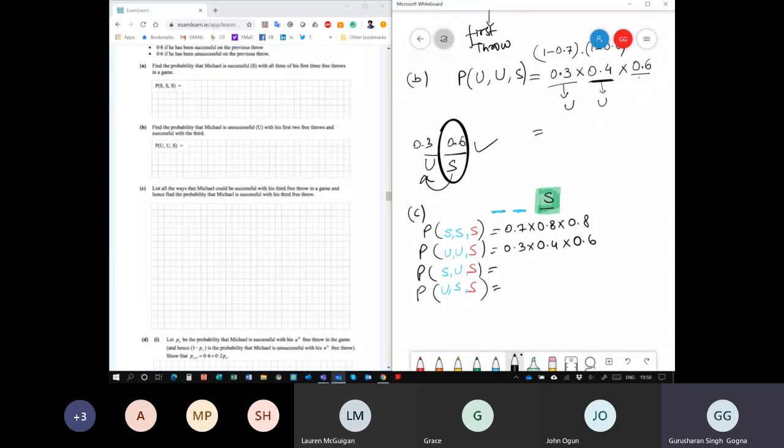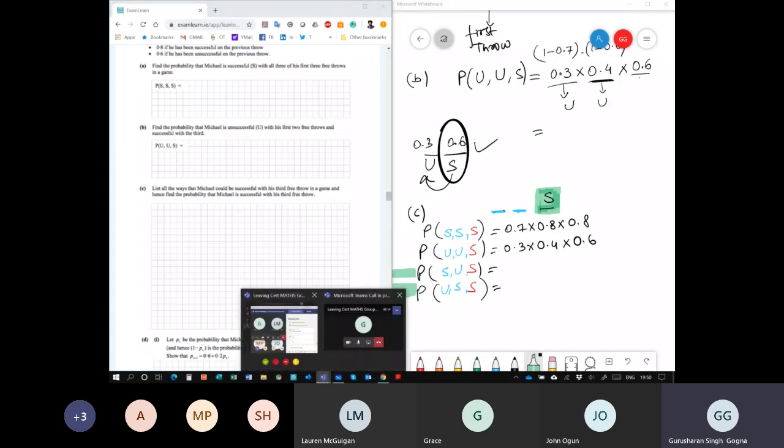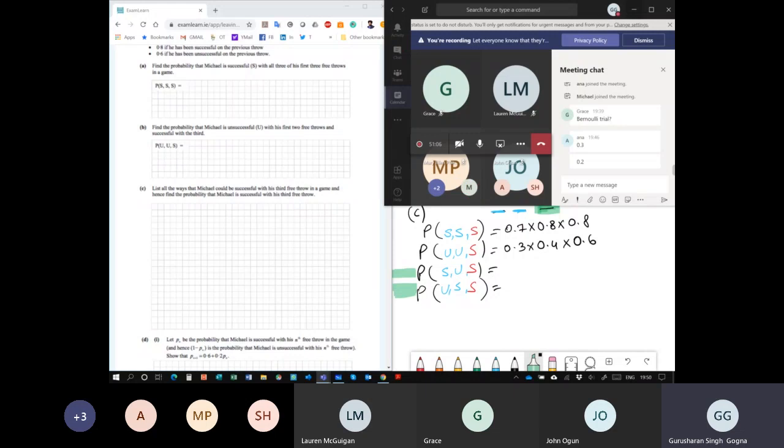Now, can you guys calculate these two and tell me the answer? So calculate the probability of success, unsuccess, success, SUS. What would be the probability? Don't give me the final answer. I want the answer in terms of individual probabilities, basically.